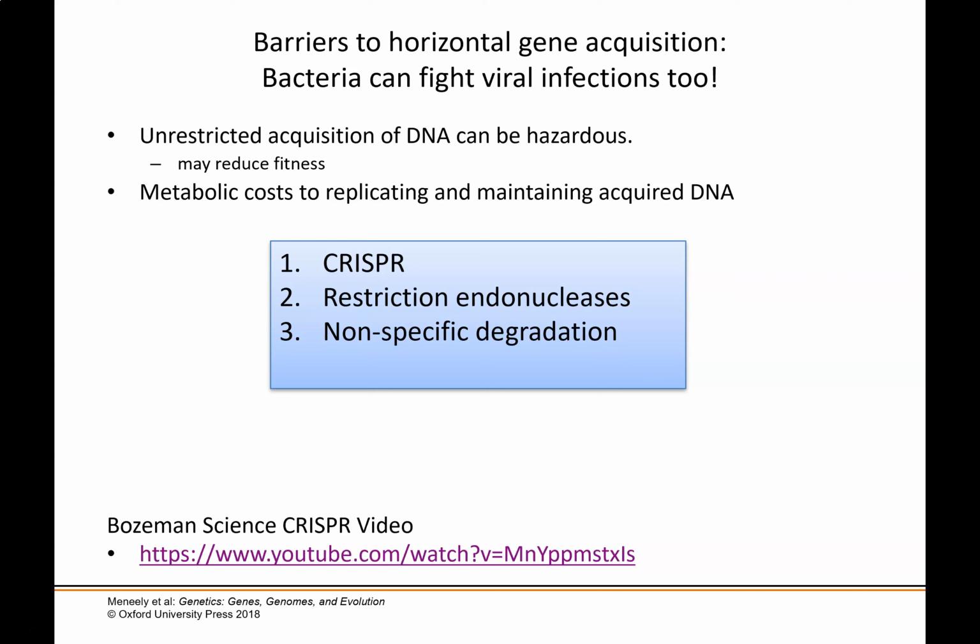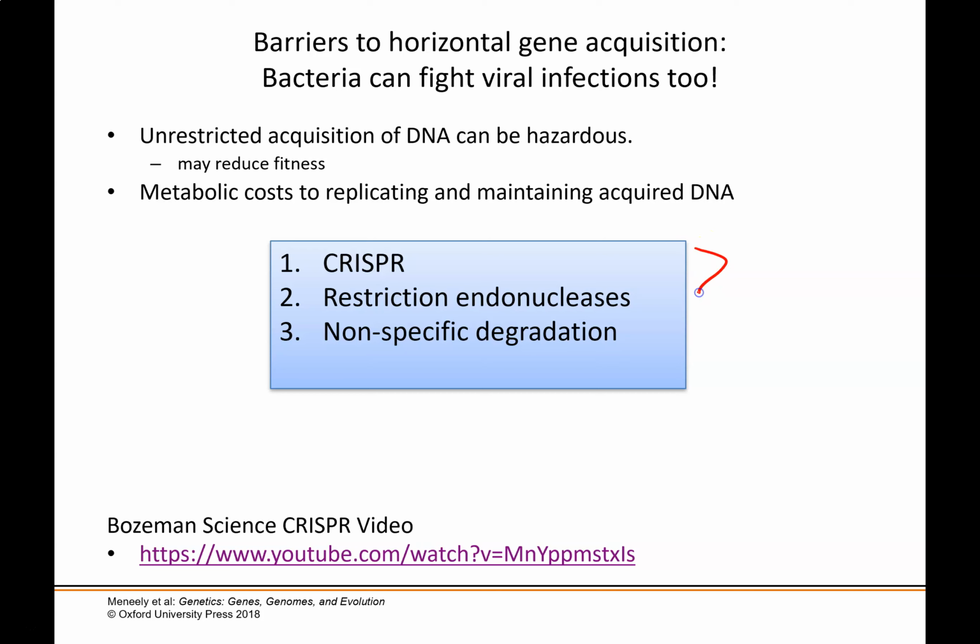So in order to combat this genome infection, essentially, there are several mechanisms that bacteria can use. We've talked about one before, restriction endonucleases, and we've also mentioned, probably earlier in the course, CRISPR. It may or may not have come up depending on which course you're in.